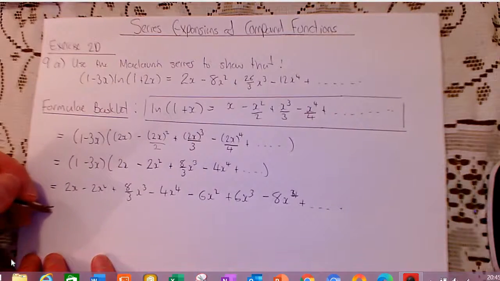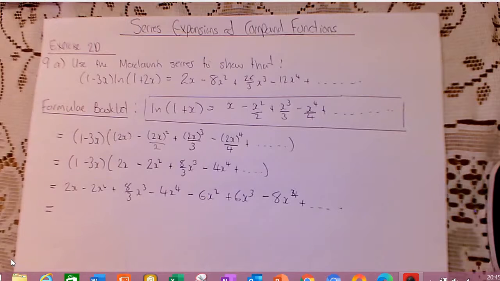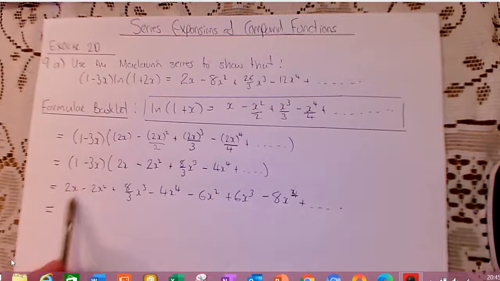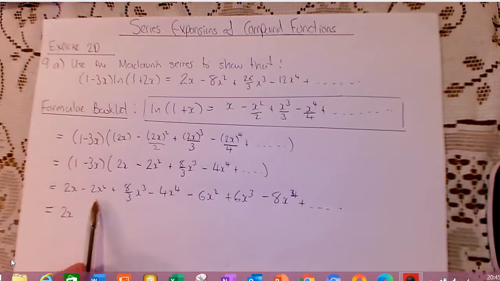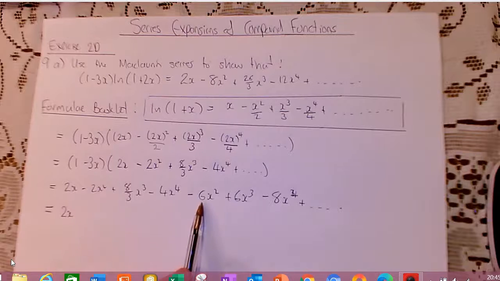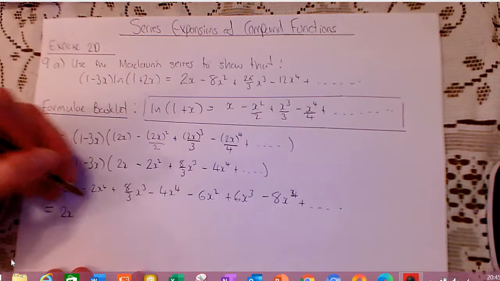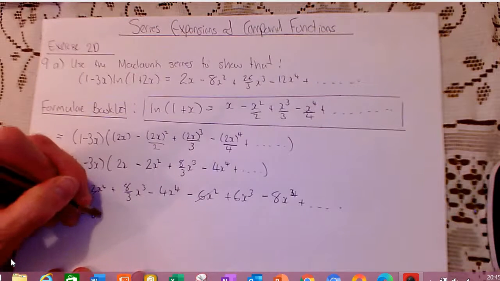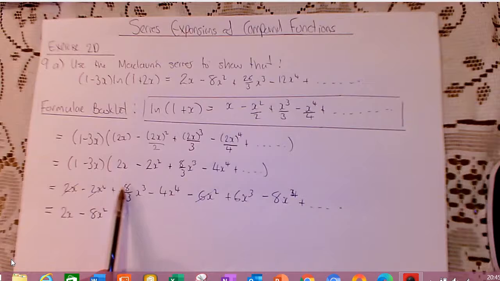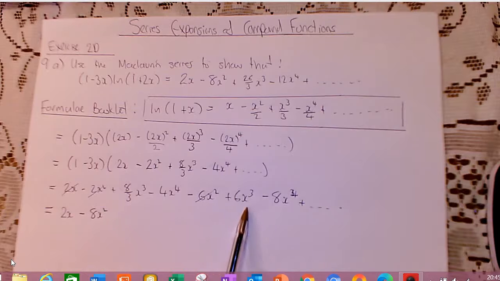And then all it is a matter of doing is neatening it up. So I've got only one linear term, so there's my 2x. Then I've got minus 2x squared and a minus 6x squared. Shall I just start crossing these out like that? So there's my minus 8x squared. Then I've got 8/3 of x cubed add 18/3 of x cubed.